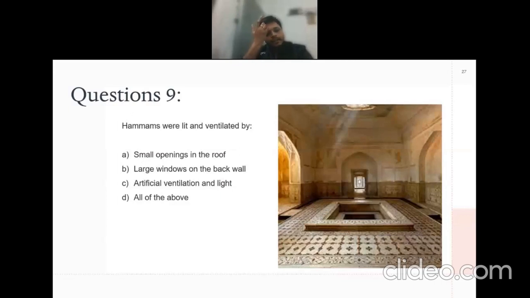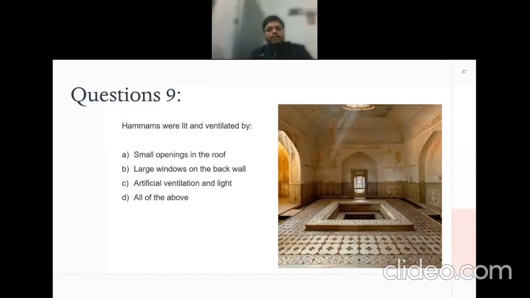Coming to question number 9: hammams were lit and ventilated by. So what is a hammam? Kansha, can you answer? Is it the bath area which was provided for the ladies of that time period? I think that was also for the men, I guess.